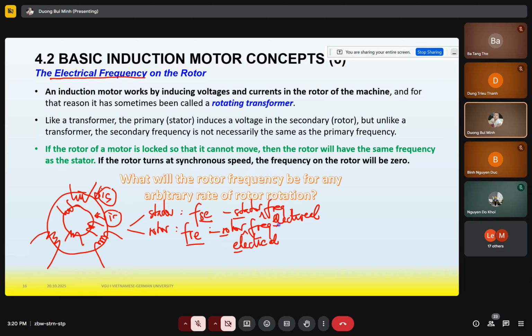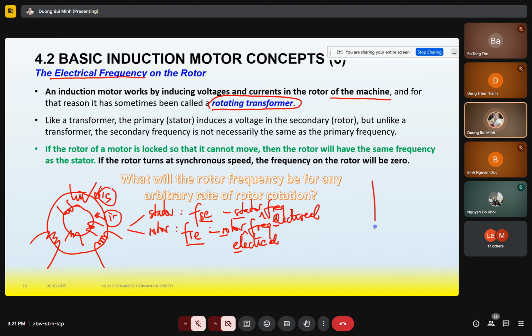The induction motor works by inducing voltage and current in the rotor of the machine. For that reason, it has sometimes been called a rotating transformer.